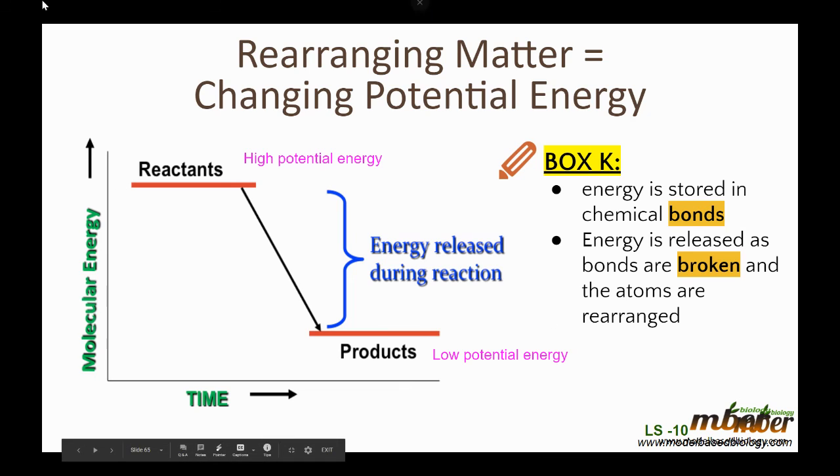Hold on, I don't have it in front of me. Give me a second. Nope, that's not the Doodle sheet. Oh, it's the word released. You're typing in the word released. Yeah, energy released during reaction as bonds break.